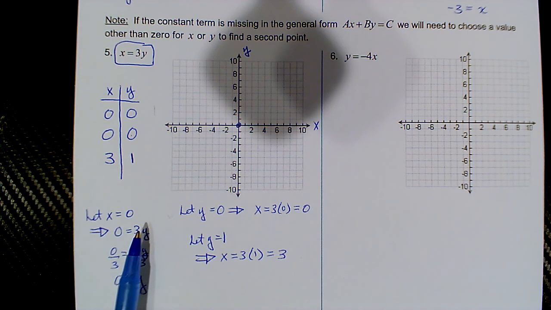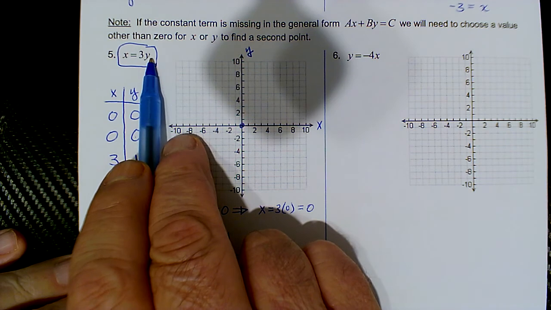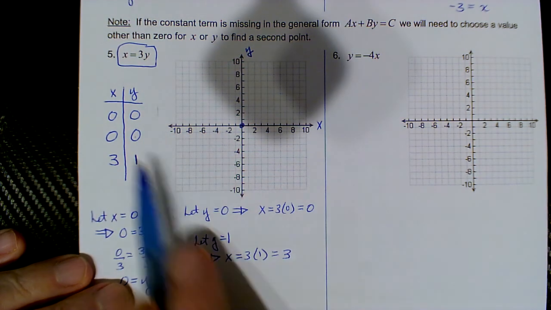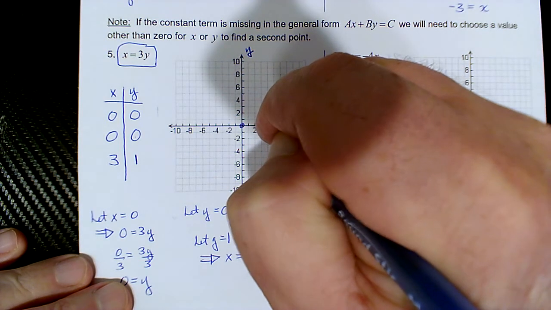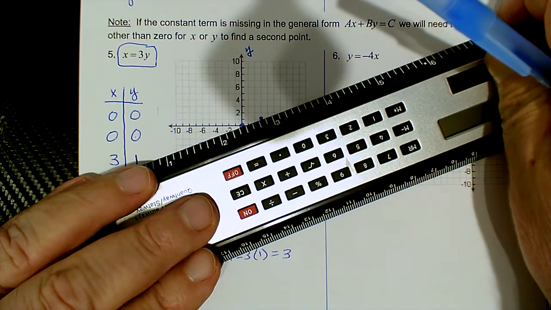And that would be hard to plot. So because x was given explicitly in terms of y, that's why it was advantageous to choose a y value. Okay, so we've got the point (3, 1), that's right here. And there's the 2 points for our line.